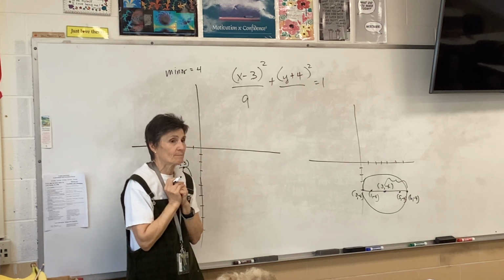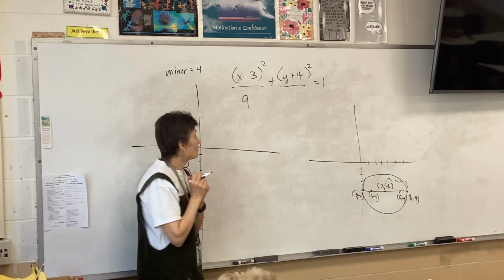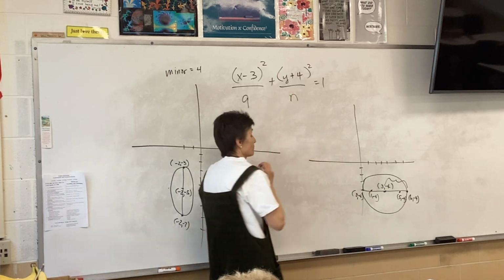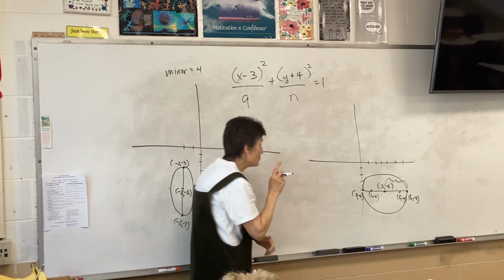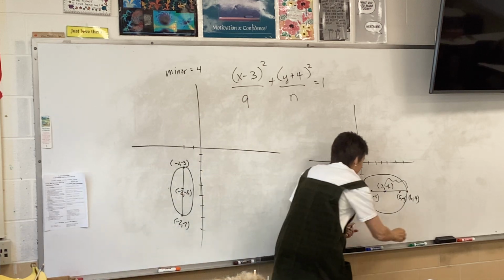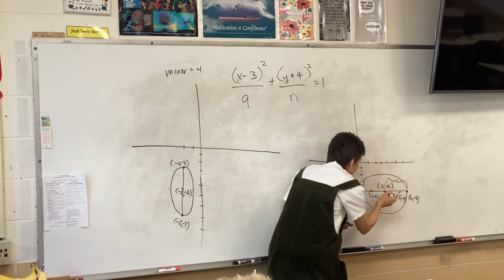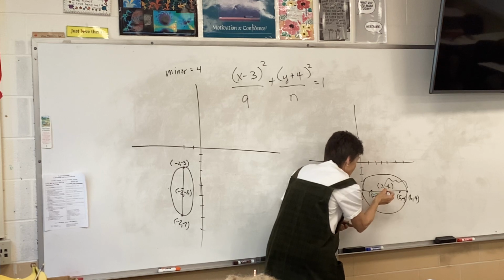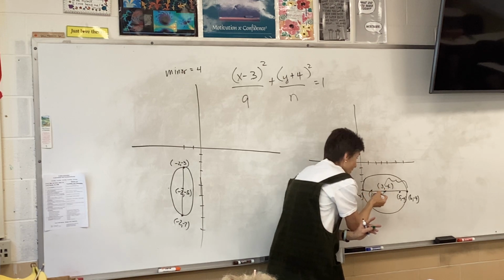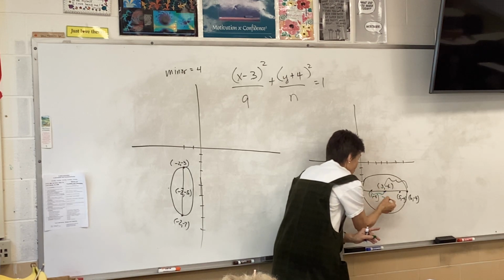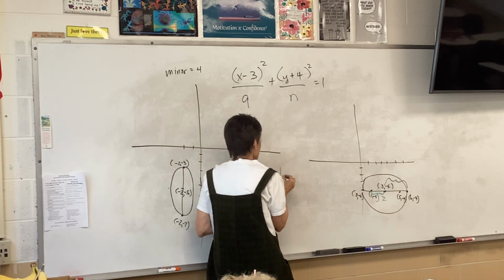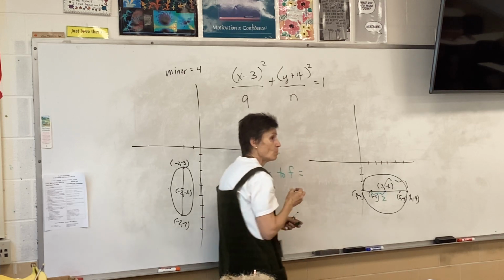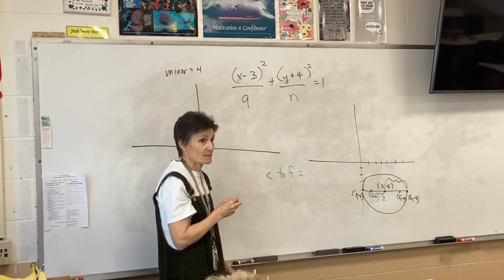This is a tricky one. I don't know what that is. But I do know that from my center to my focus is how far? Center to focus is 2, isn't it? And how do we find the distance from the center to the focus in an ellipse?